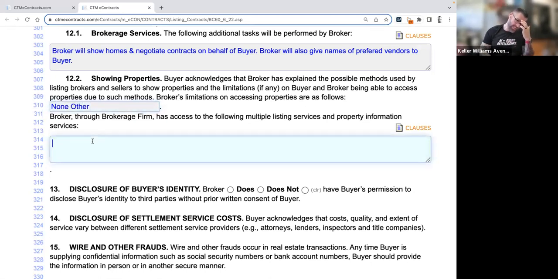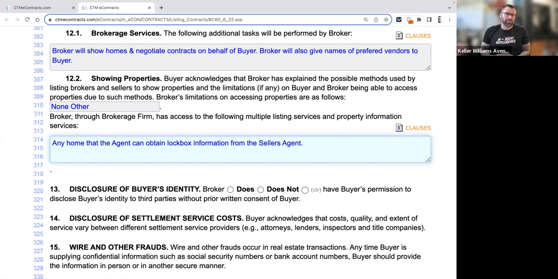And then when we get down to this one, I would say any home that the agent can obtain lockbox information from the seller's agent. That's probably how I'm setting this thing up. I can take you into any home that I can actually get lockbox information for.